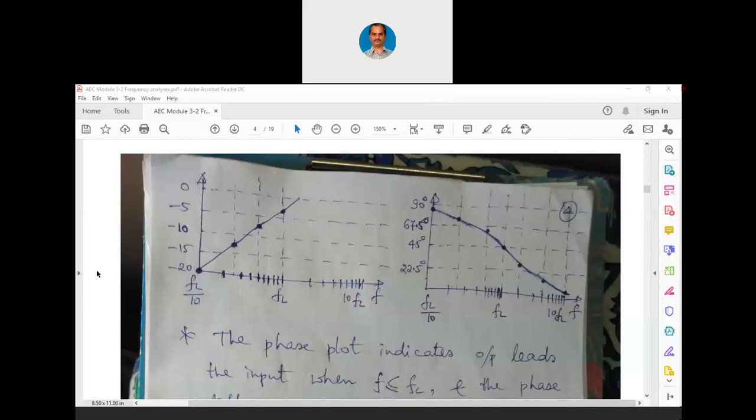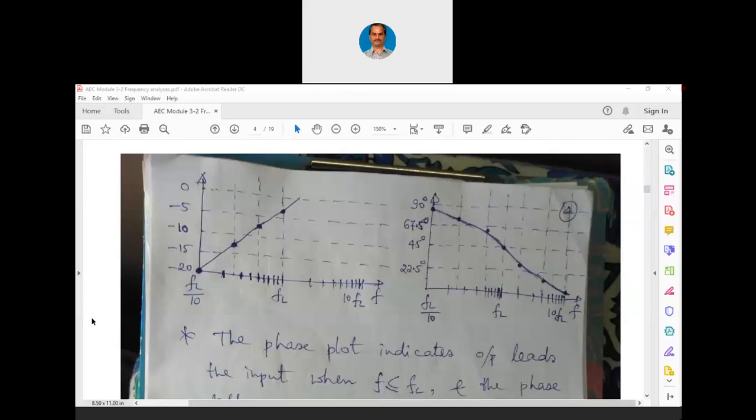Now similarly in the phase plot you see, we started from around 89 degrees or so and we keep on coming down. And you can see at fL, when f equals fL, the phase difference is exactly 45 degrees. Similarly, when f equals fL, here we have somewhere around minus 6 dB, minus 7 dB. That was the value which we had got.